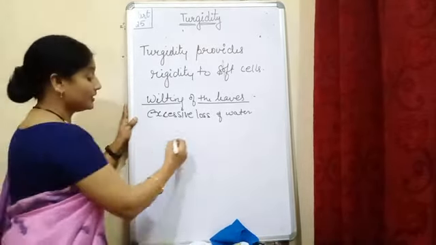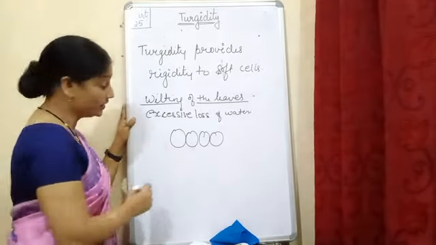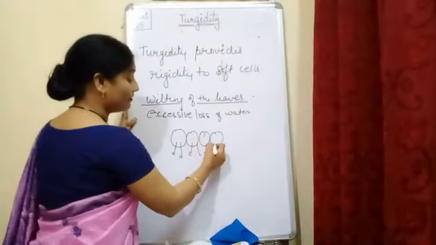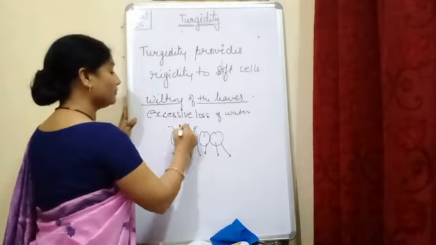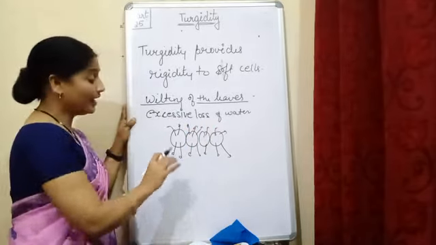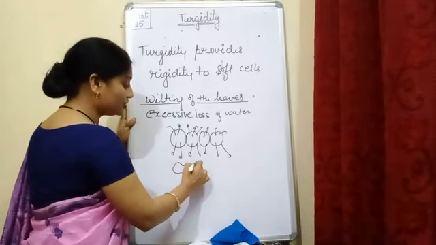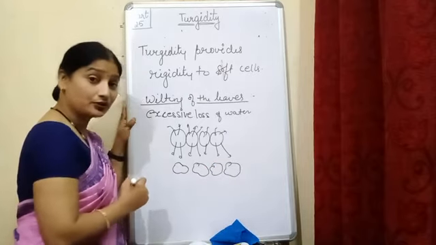The cell, if it has absorbed water by the process of endosmosis, then by the process of exosmosis, when there is maximum transpiration, then water from inside the cell will move out and your cell will shrink. So the cell will shrink because of the turgidity also.